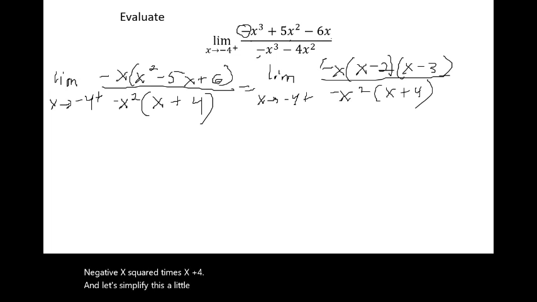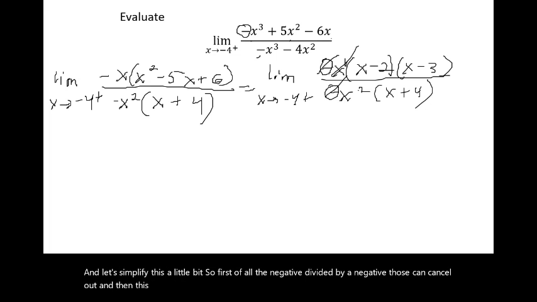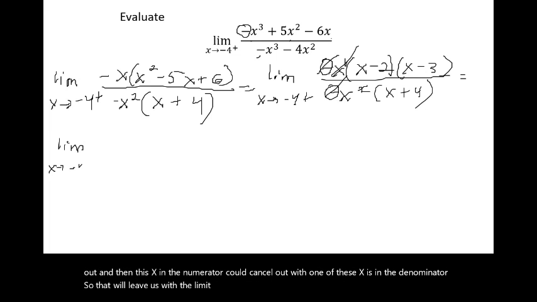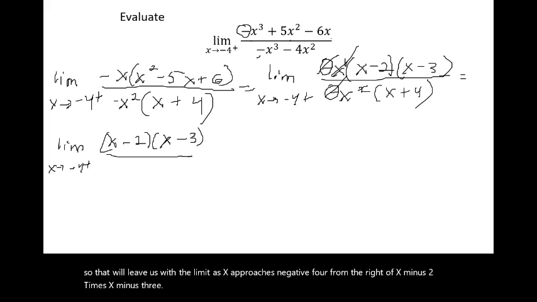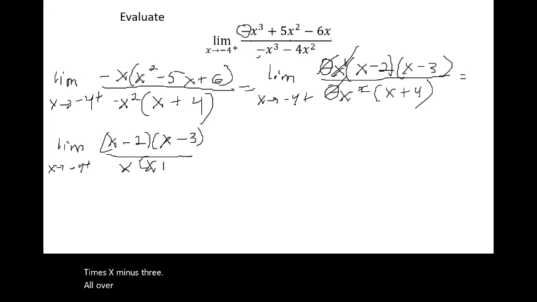So first of all, the negative divided by a negative, those can cancel out. And then this x in the numerator can cancel out with one of these x's in the denominator. So that will leave us with the limit as x approaches negative 4 from the right of x minus 2 times x minus 3 all over x times x plus 4.